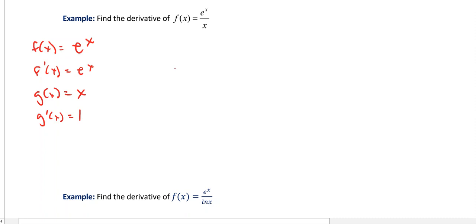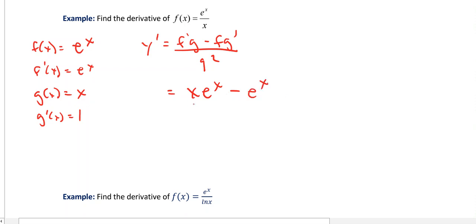And so putting it together, y prime is equal to f prime g minus f g prime over g squared. We have f prime, e to the x, times g would be x e to the x, minus f, which is e to the x, times g prime, which is 1, minus e to the x. All over the denominator squared would be x squared.